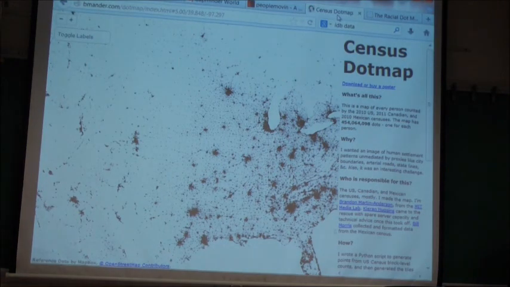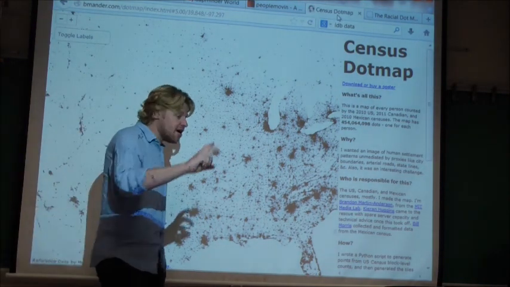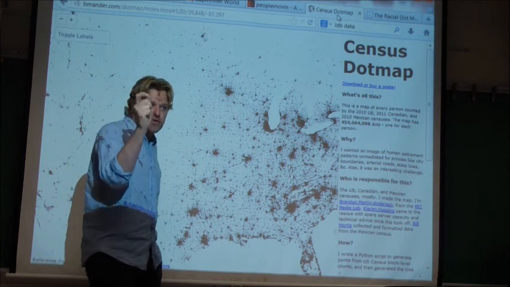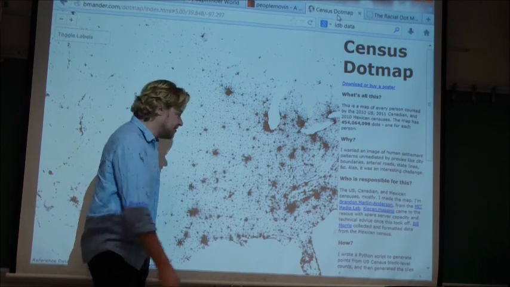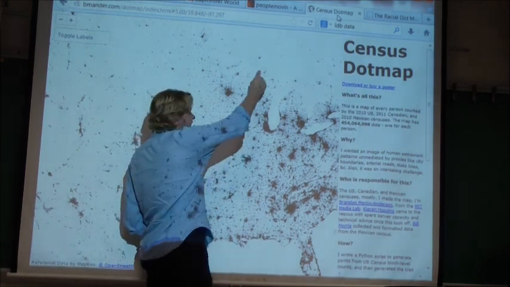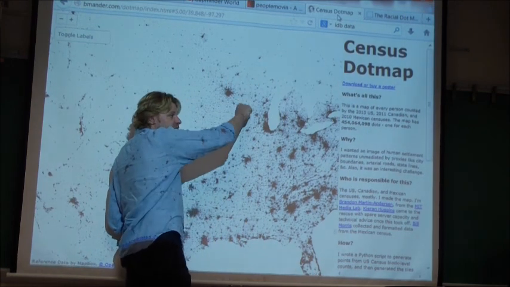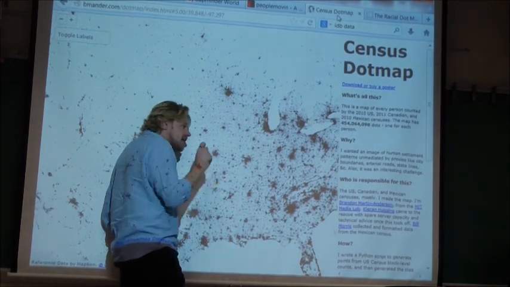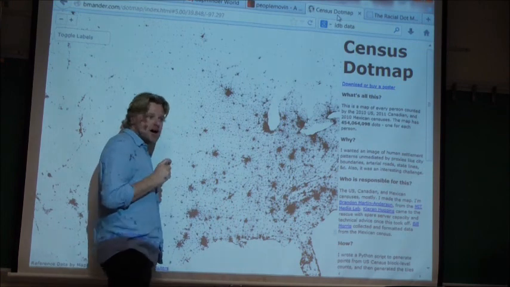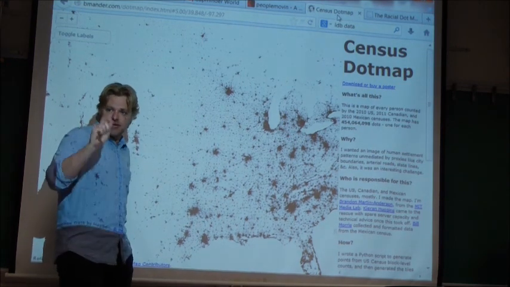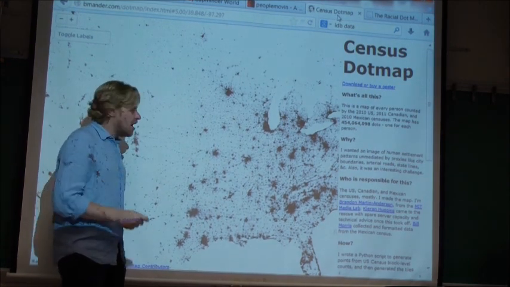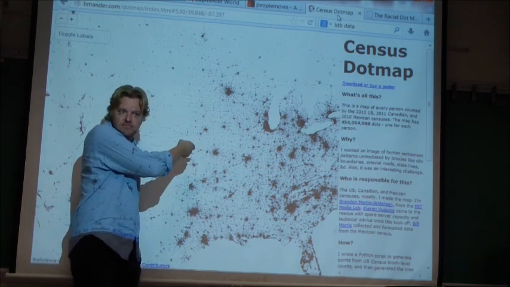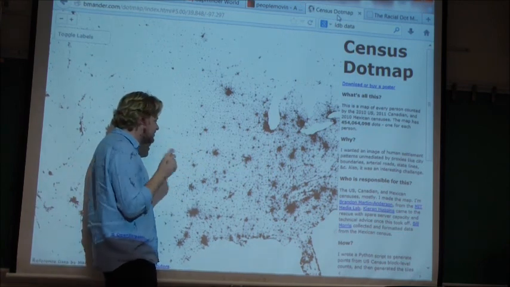And so what this is, if you zoom in all the way, every single human being who took the census in the United States, and they actually include Canada now in this map using Canadian data, every single person is represented as a dot. You're represented on here. You're a dot. Every single person. So if I zoom in, I can see you. You'll be this little black dot, but I'll see you.